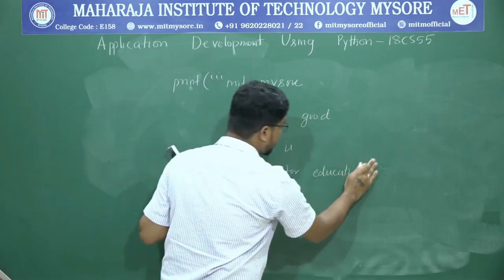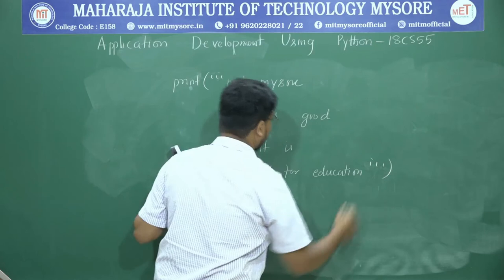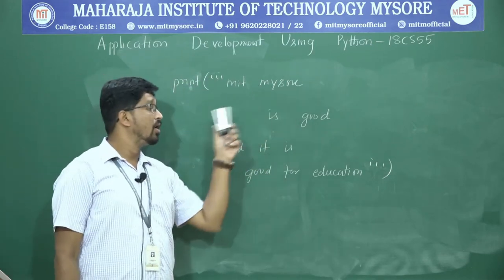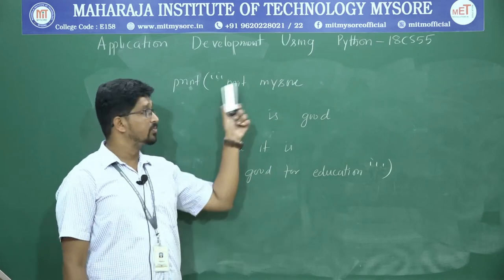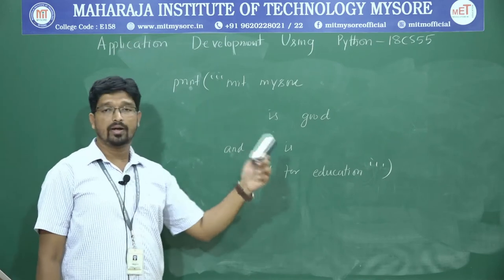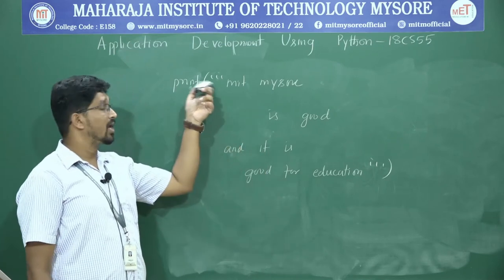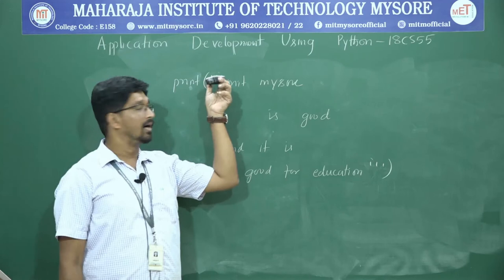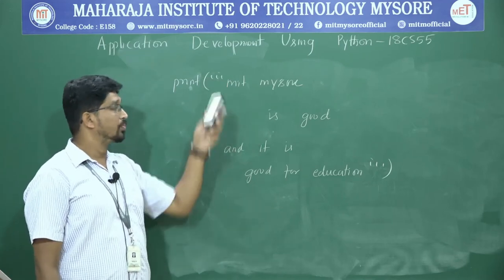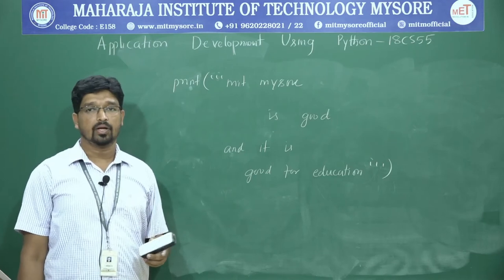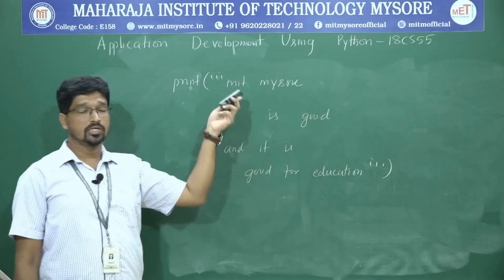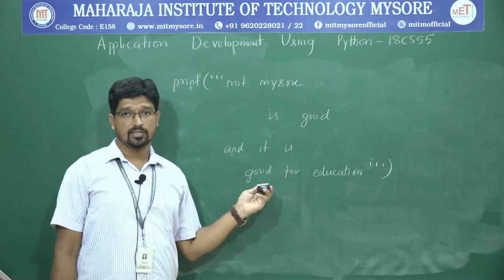If you use three single quotes, then the output is printed as it is, which means it will retain all the white spaces and indentations, and they are printed on the monitor as they are. So this is called a multi-line quotation. You can use multiple lines to print the string. Okay, understood. So this is how you write a triple quotation. This will retain white spaces.